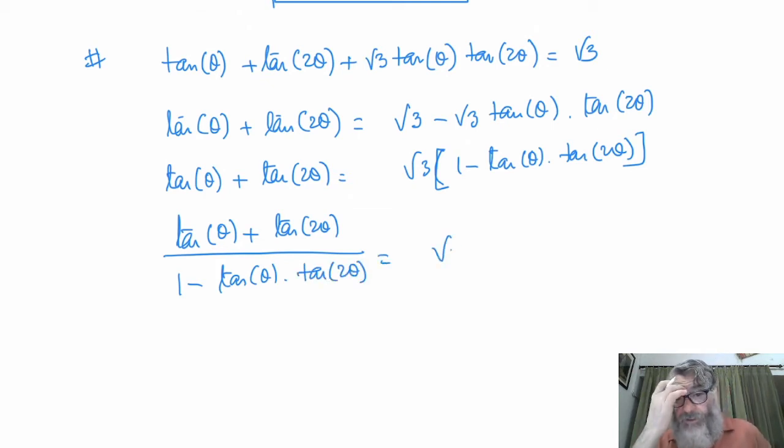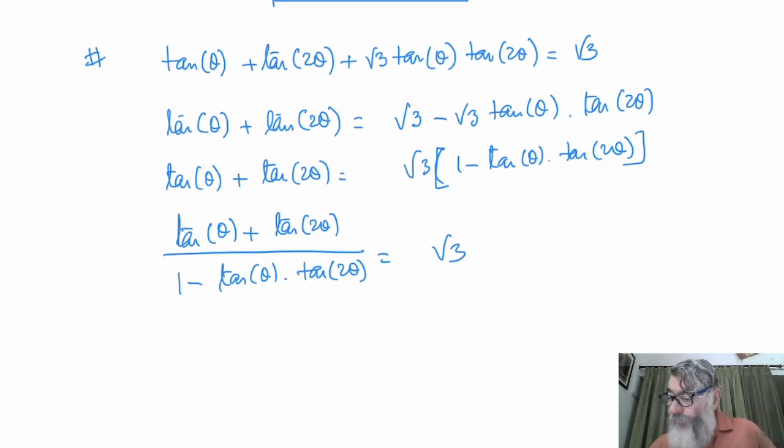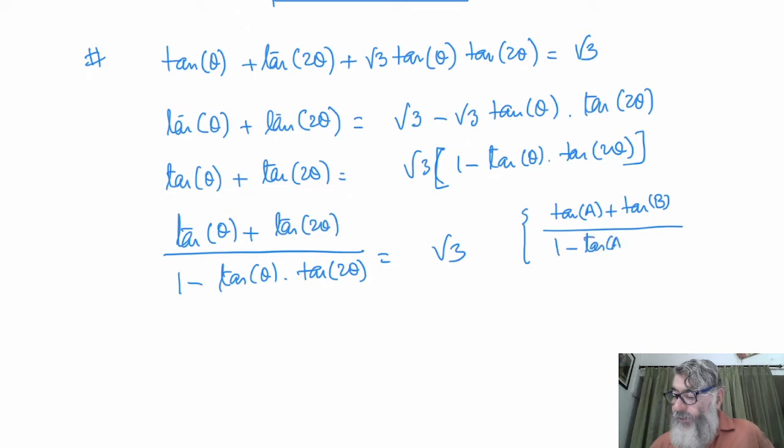If you look at this left hand side carefully, it is of the form tan A plus tan B upon 1 minus tan A tan B. Instead of A you have theta, instead of B you have 2 theta.